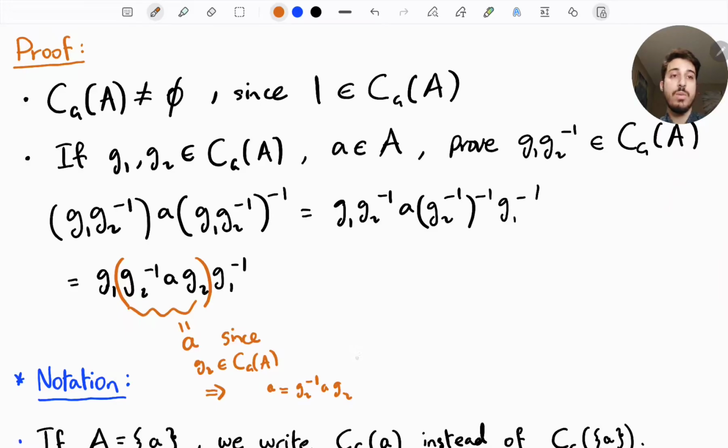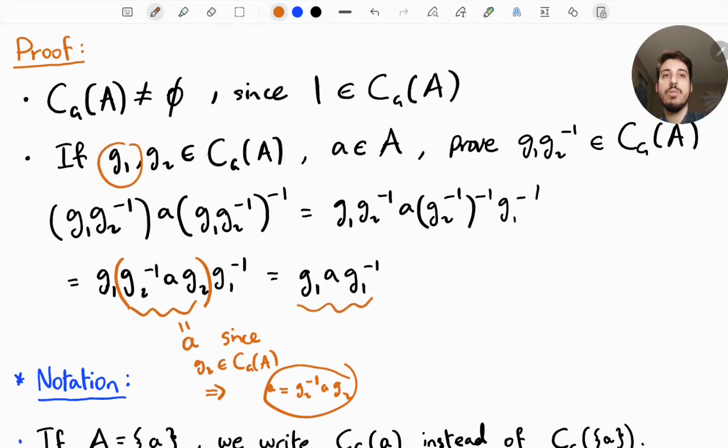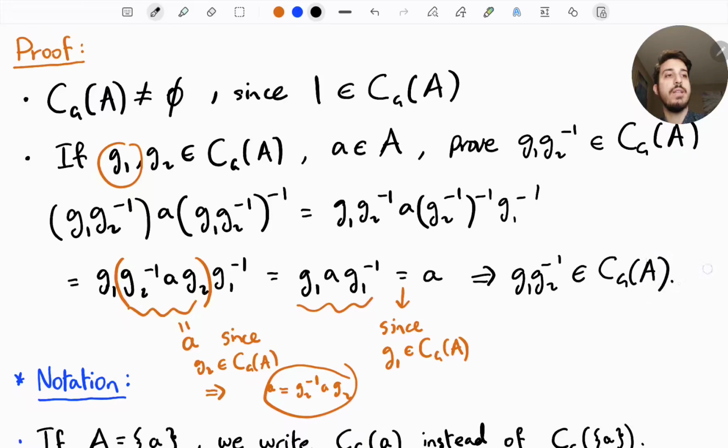So this is exactly what we get. So this is equal to g1 a g1 inverse. But notice, because g1 is in the centralizer as well, we can just say that this is equal to a, since g1 is in the centralizer of A in G. So we've just proven that this is all equal to a. Therefore, g1 g2 inverse is a member in the centralizer, completing our proof.